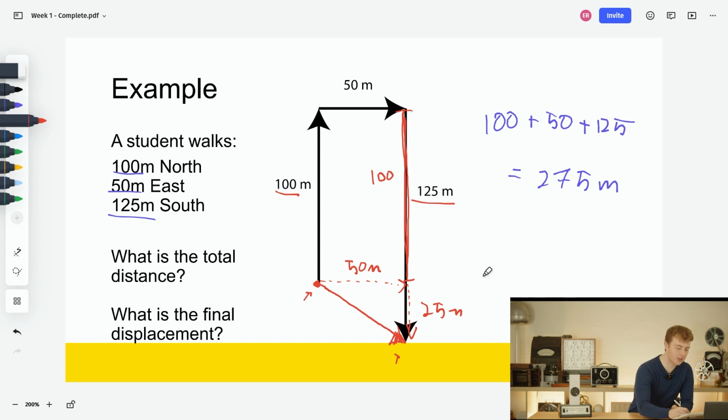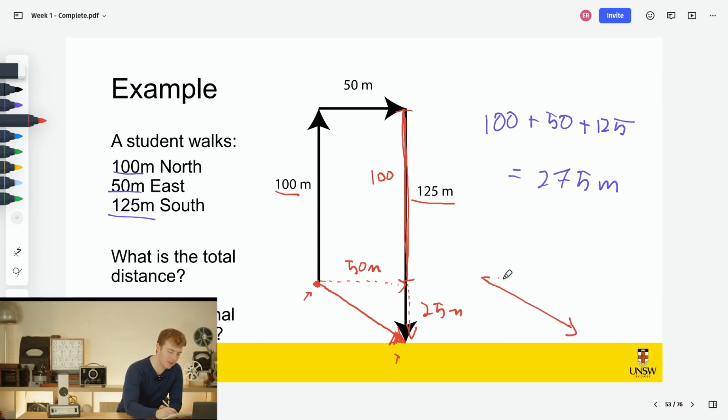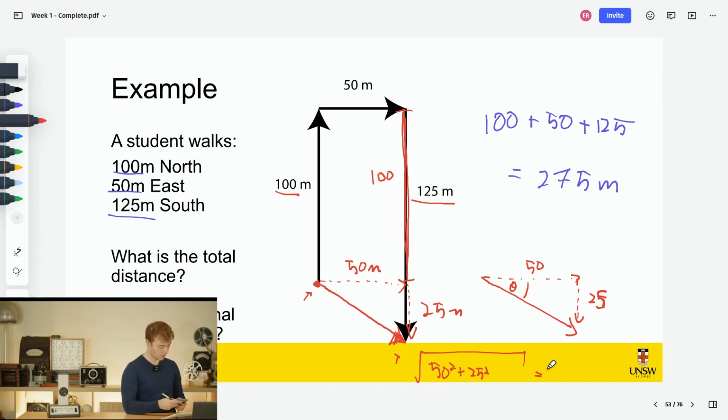And so actually our displacement is given by this vector. We're at 50 meters here and 25 meters here. So what we're going to do is simply calculate this vector. The magnitude is going to be the square root of 50 squared plus 25 squared. That's equal to 56 meters.